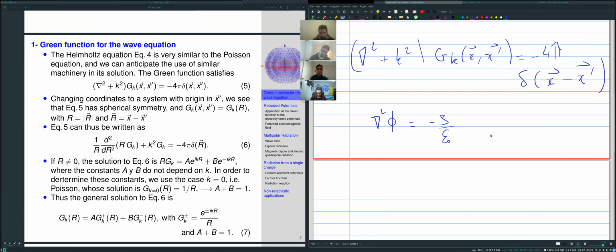And so a point source would be something like that. This would be a point source at the origin. And so nabla squared phi for a point source must be equal to minus q over epsilon 0 times delta.